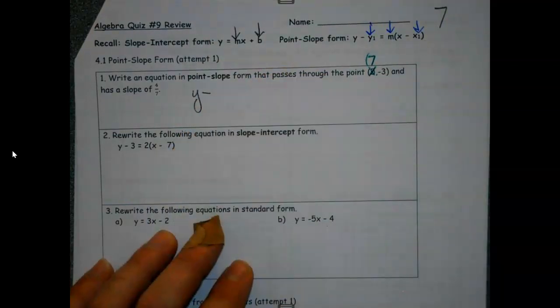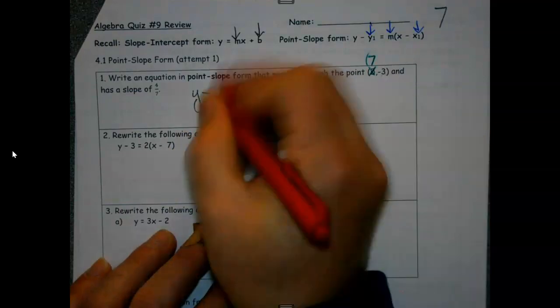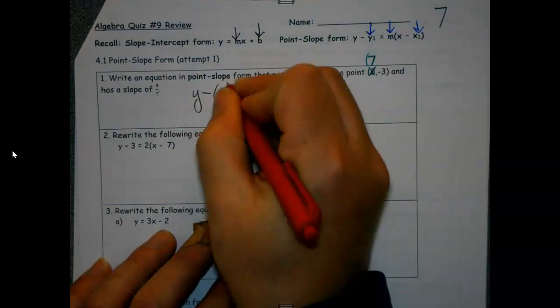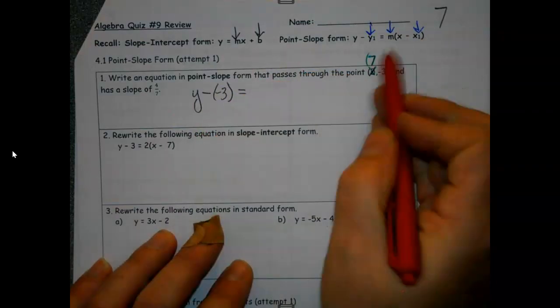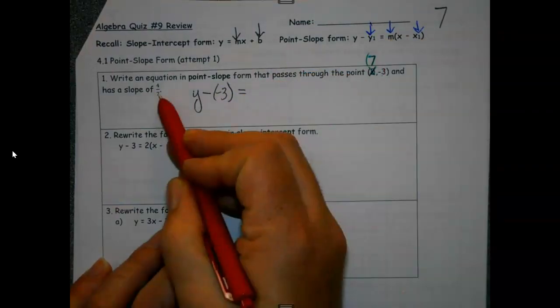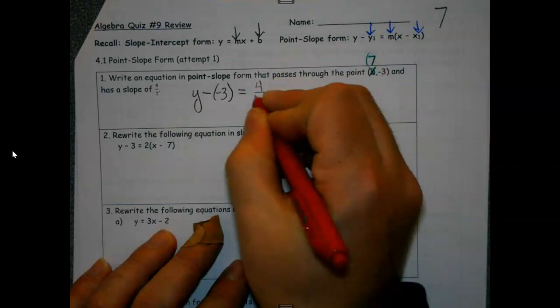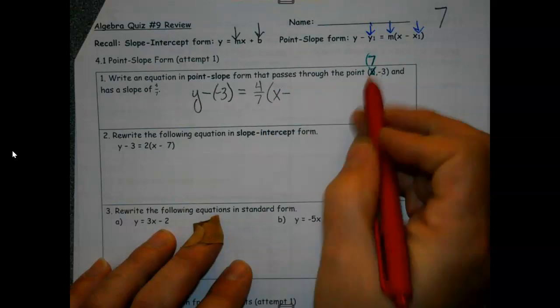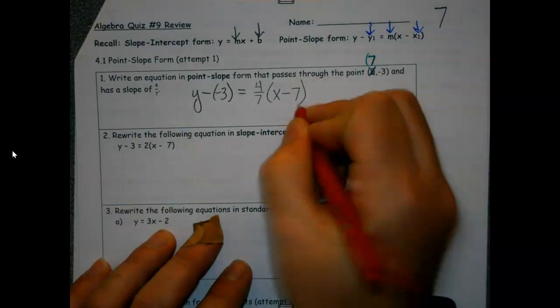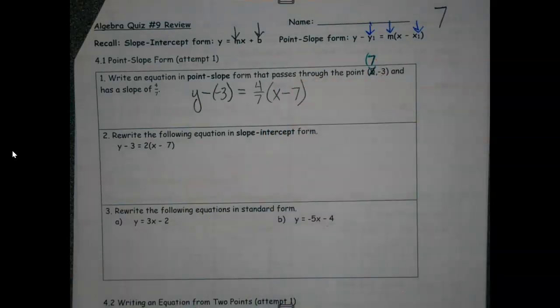Y minus, there's my y1. I'm going to leave it that way for the moment. Equals m, there's my slope, x minus x1. Okay, couple of things for me to mention here.